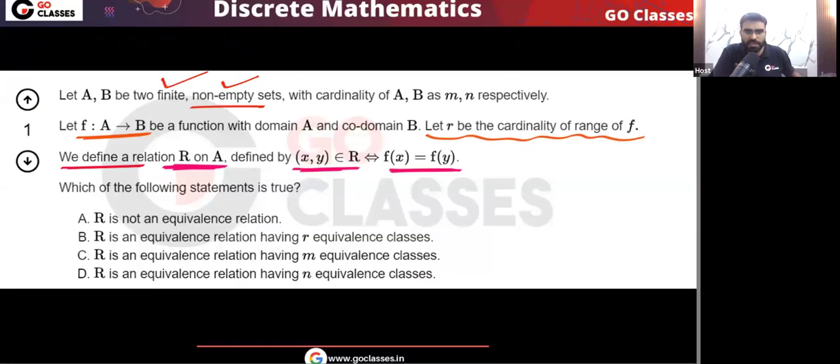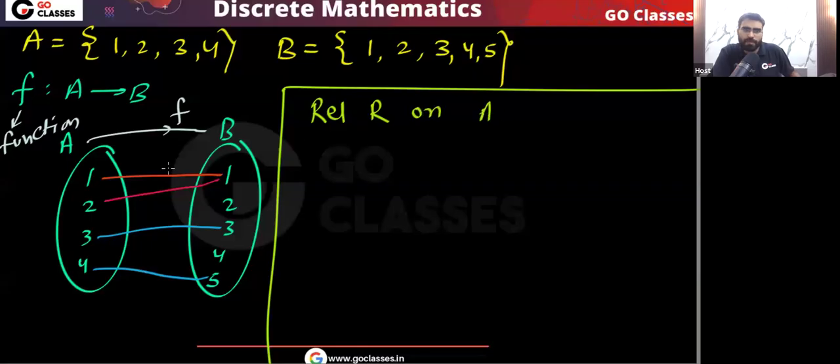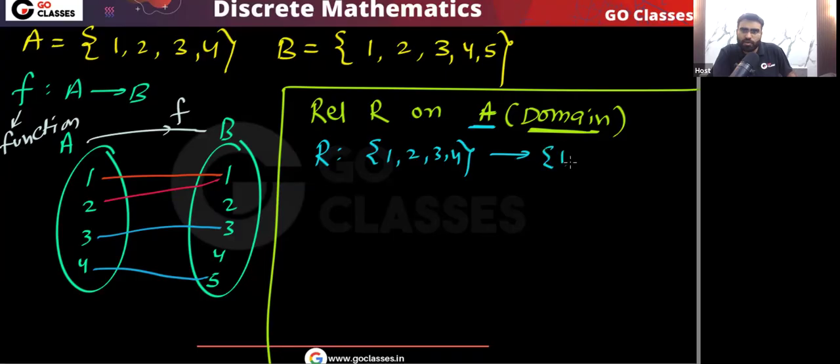So we are defining this relation R on set A, on the domain. And this relation we are defining from set A to set A, because we are defining the relation on set A. It means this relation R is from A to A.